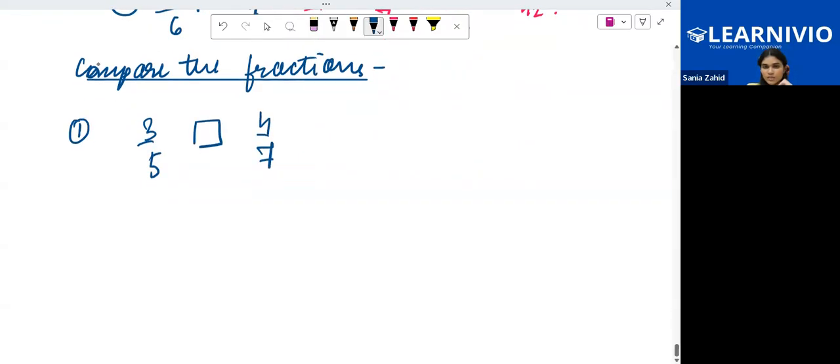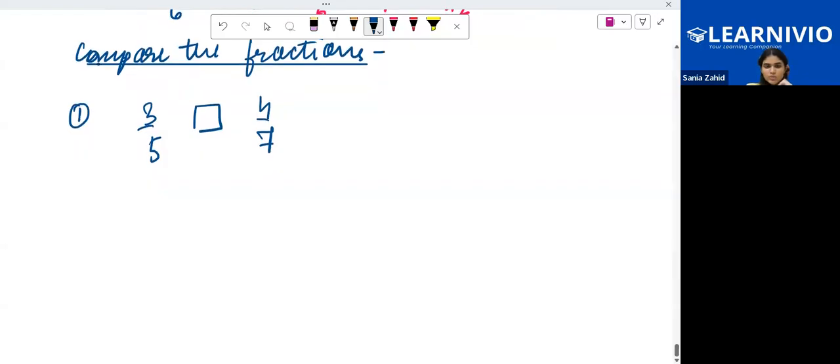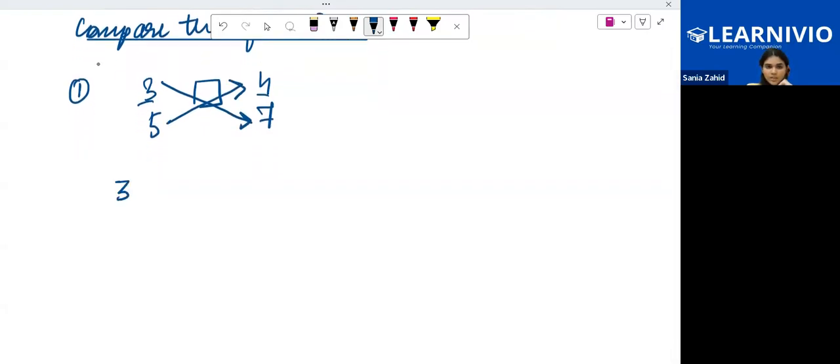Now you have to tell which is greater. So what you will do, you will just simply cross multiply, right? Here you will write 3 into 7 and here you will write 4 into 5. 3 into 7 is 21, 4 into 5 is 20. Now you know that 21 is more than 20. That means which number is greater? 3 by 5 is greater.